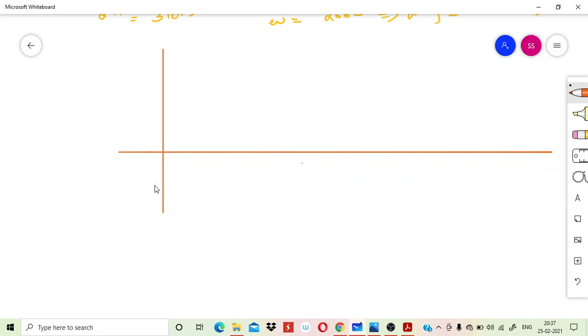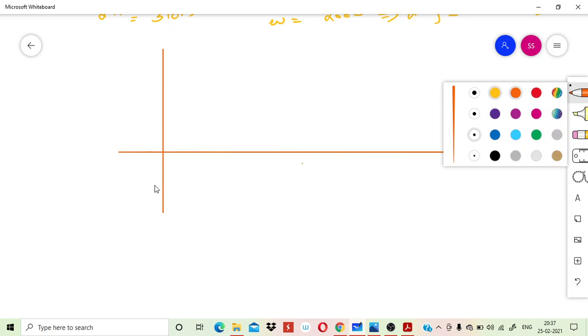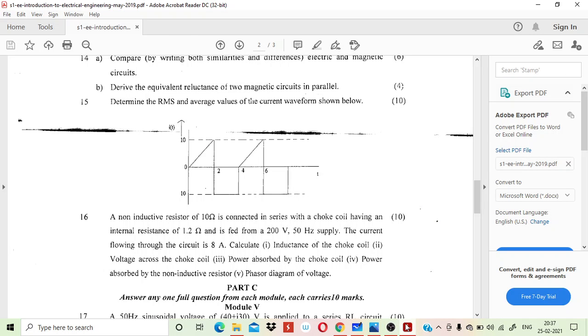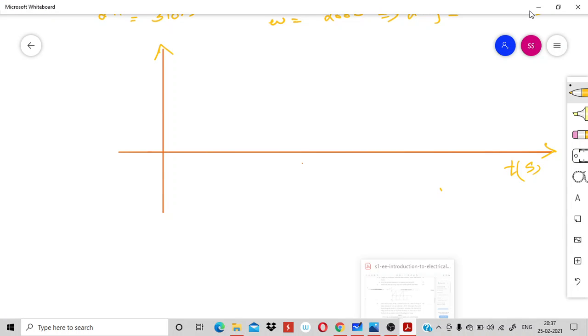This is my x-axis, and along the x-axis we have t, time in second. And on the y-axis we have I of t, that means it is a current waveform. Okay, and the waveform looks like this.